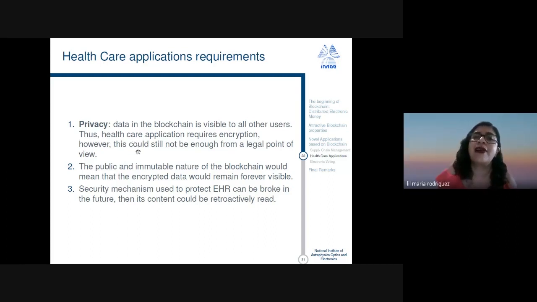Also, there are challenges because encrypting the information is not necessarily enough from the legal point of view. So we have another problem, right?